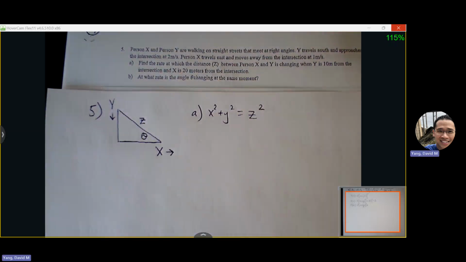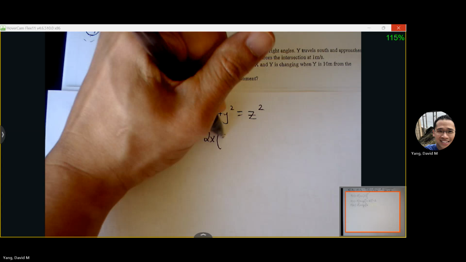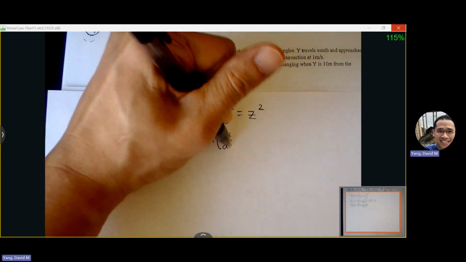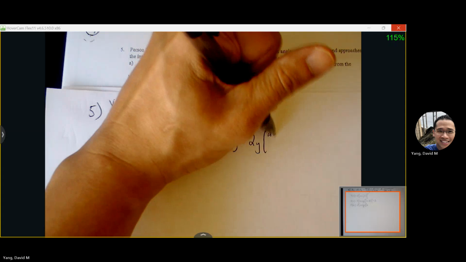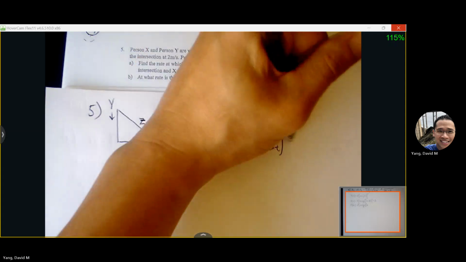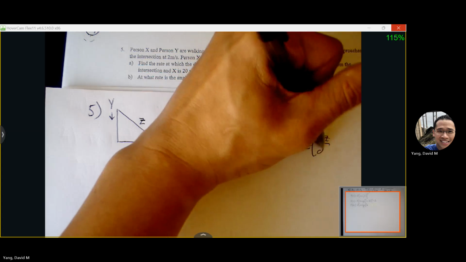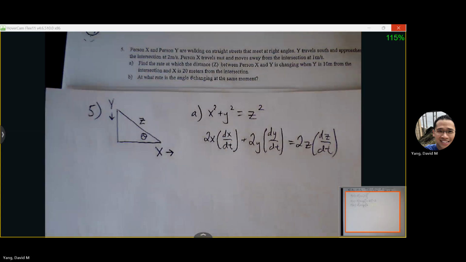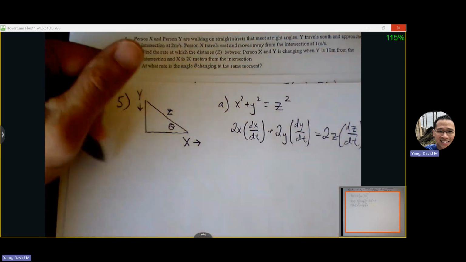Derivative, this is where all of our d over dt's will show up after we find the derivative of each term. Okay, let me list out all the variables involved.